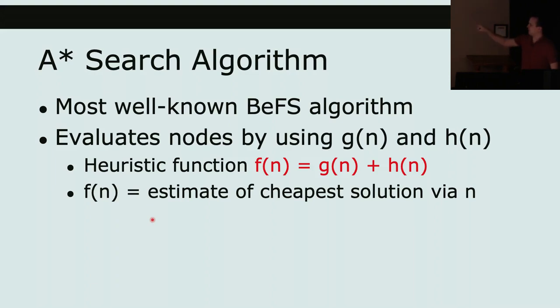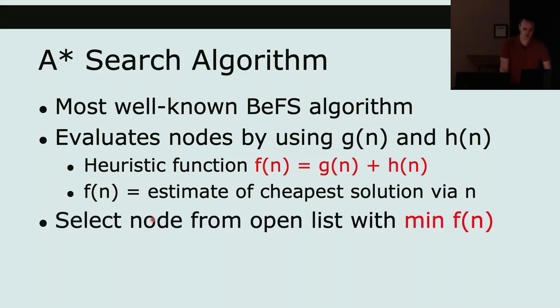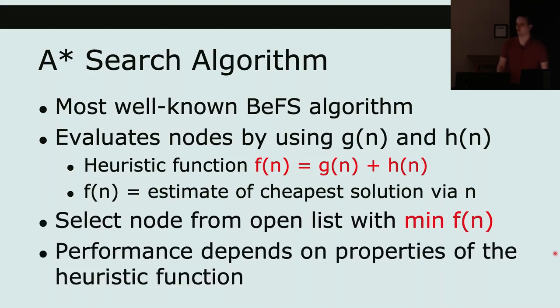Unlike greedy best first search that just says let's go straight to where I think the goal is, this also takes into account how far we've gone. To get the optimal path, you need to understand how far you've come so far. You can't just start going toward a goal. So we select a node from the open list with the minimum value of f of n.